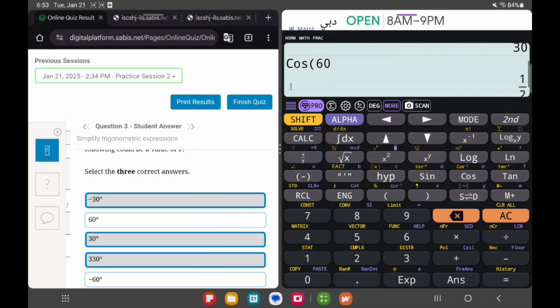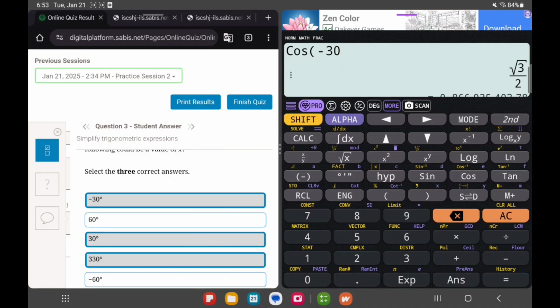Cosine minus 60 is going to be the same thing, but let's just do it. It's also 1 over 2. And now let's do cosine minus 30. We found 30 and we found 330. Now let's try negative 30. And we also get radical 3 over 2. So that's our last answer because they're asking for 3.